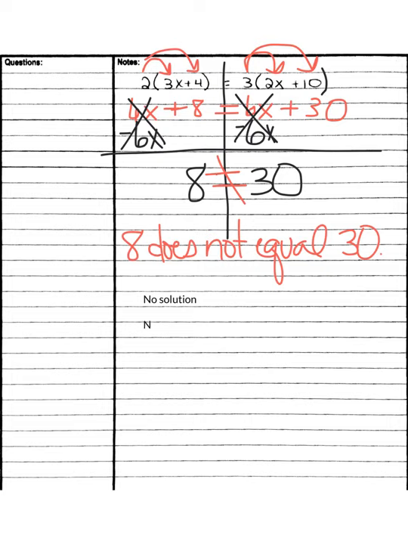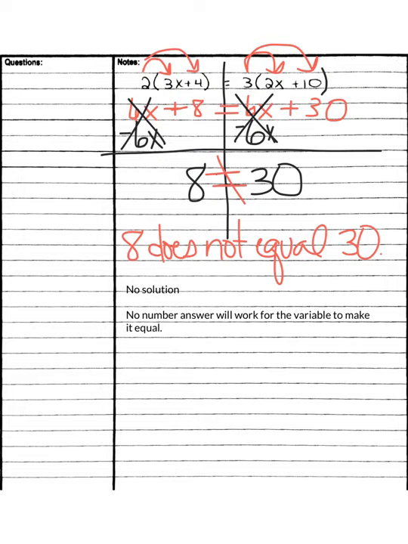Meaning no number answer will work for the variable to make the left side equal to the right. And again, you would just simply write down no solution. There's not an answer to this one.